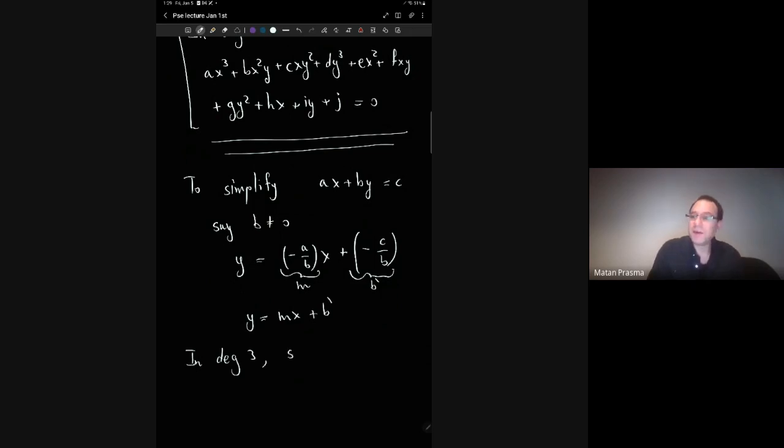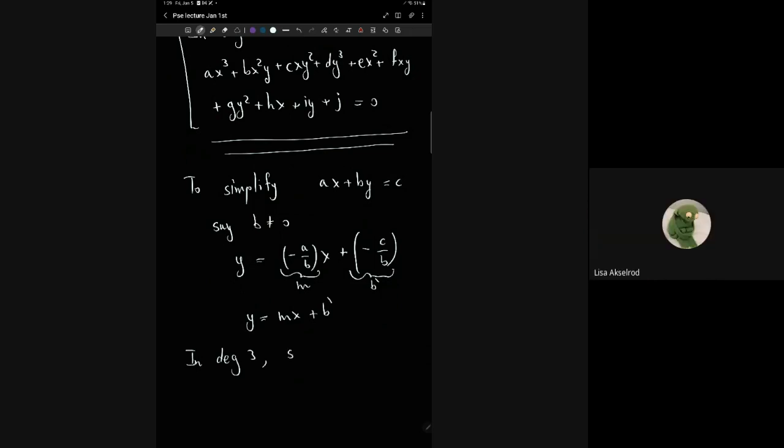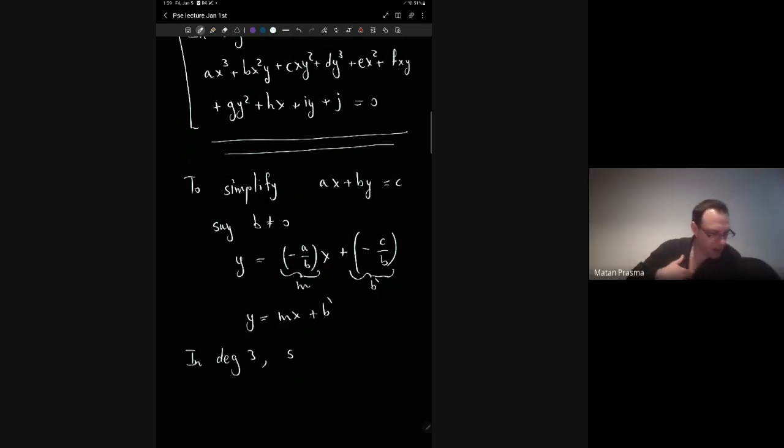Yes? There shouldn't be a minus before the second term, or should there be? Because we have ax plus by, so it should be c divided by b. Yeah, I think you're right. Thanks.